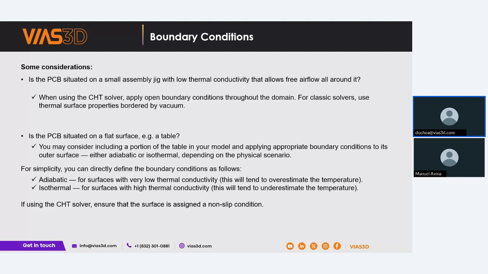With the classic solvers, we do not have fluid, so the air surrounding the PCB will not be a fluid, but we can approximate convection and radiation by using thermal surface properties if that's what you want. Since in the classic solvers we don't have fluids, there is no need of increasing the space so drastically as we did before with natural convection.